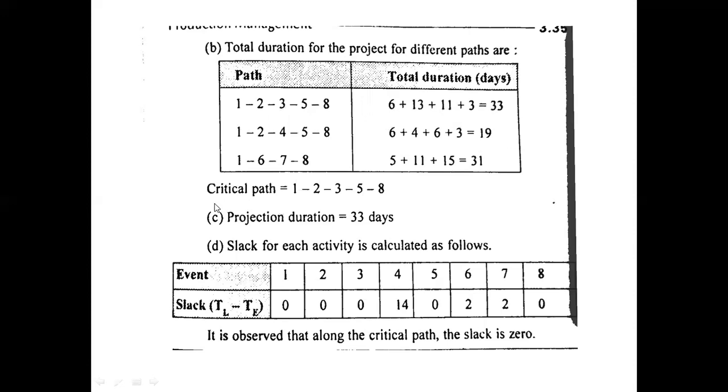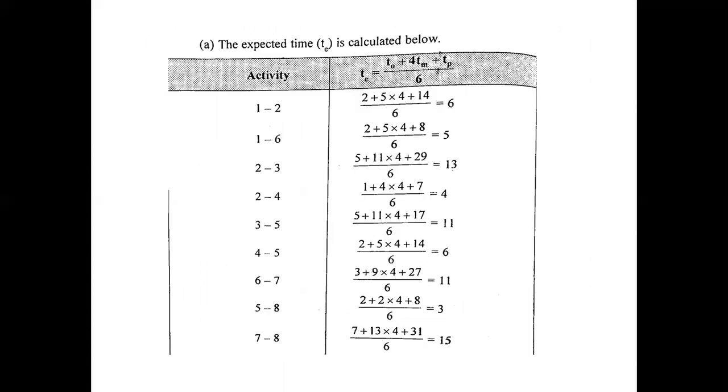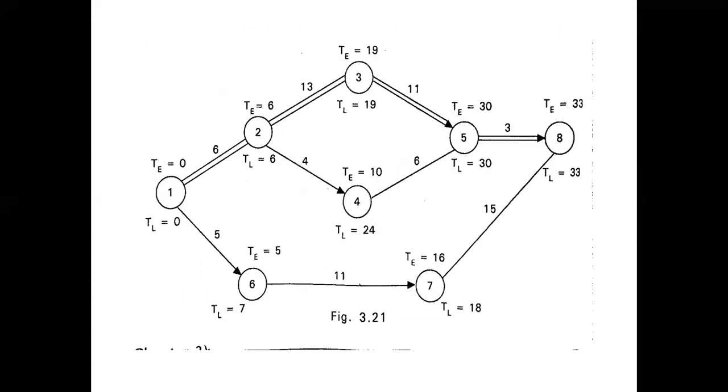So the critical path is 1, 2, 5, 1, 2, 3, 5, 8, and the total project duration is considered as 33 days. And here the slack of each activity is as follows. See here, for the first one it is 0. Like that, we have to make a table.